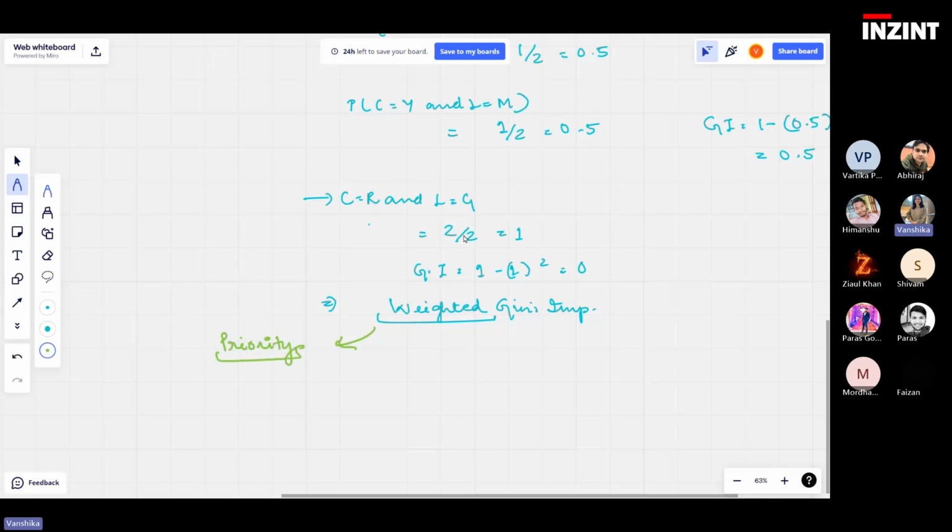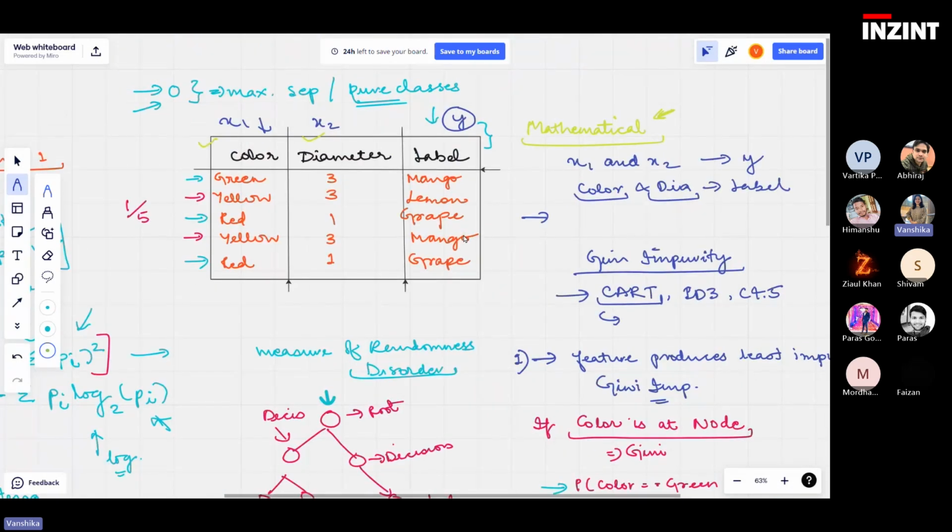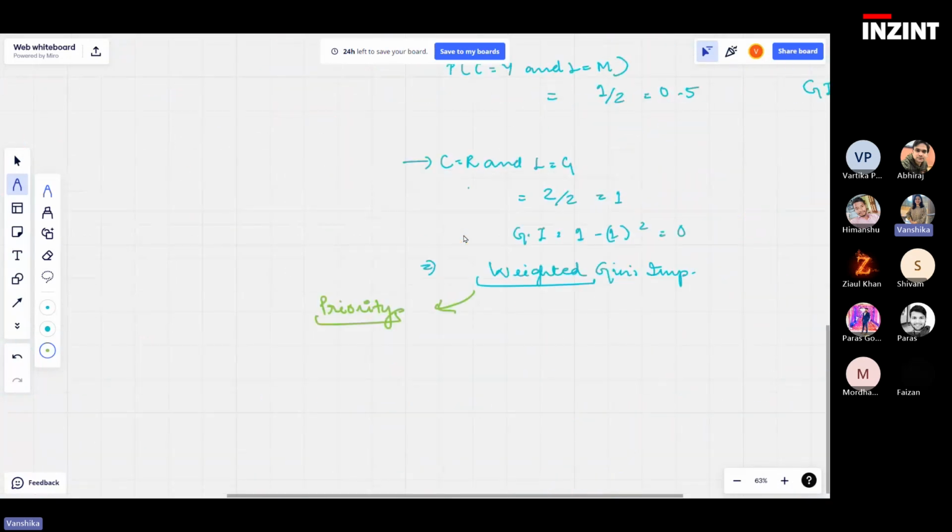In the data, we can see that not all the labels are equally distributed. Red and yellow occur twice, whereas green occurs only once. So weighted means that you are not only considering the probabilities that you just calculated, you are also multiplying by their individual occurrences, and doing that, you are giving priority to the label which occurs more number of times. Do you get it? Why is it necessary?